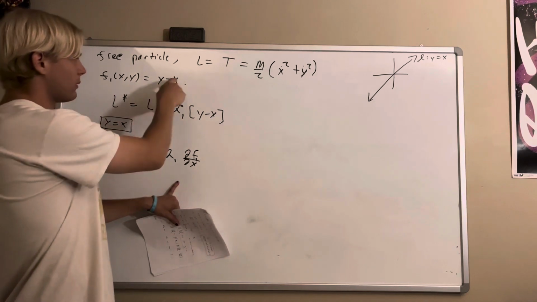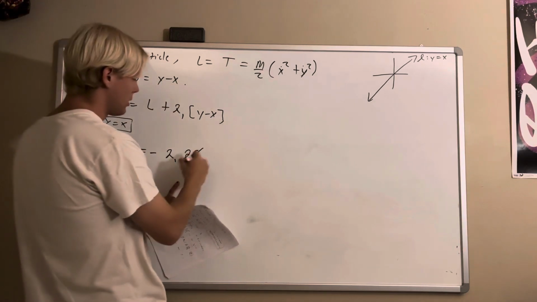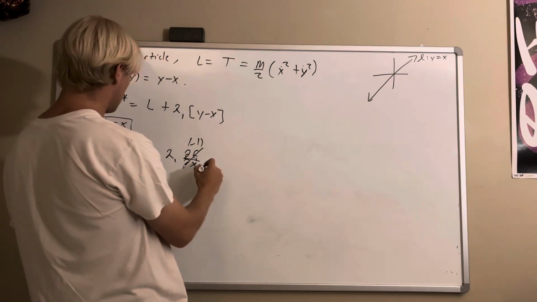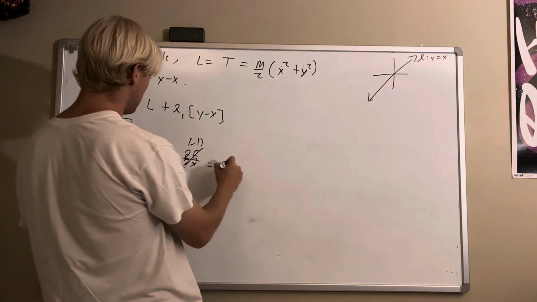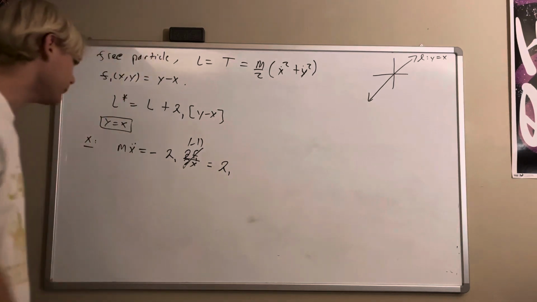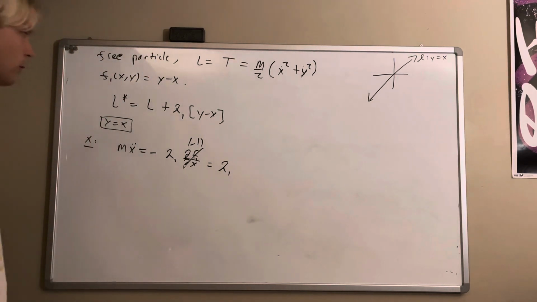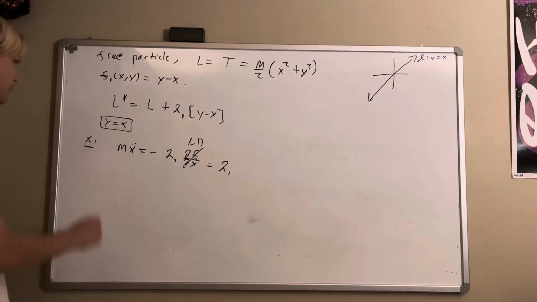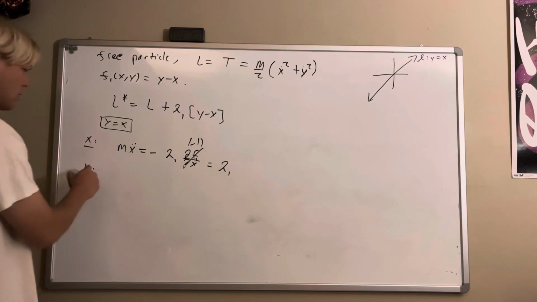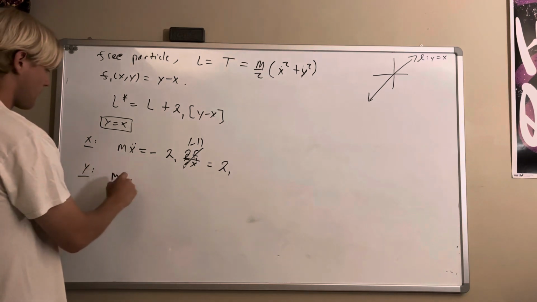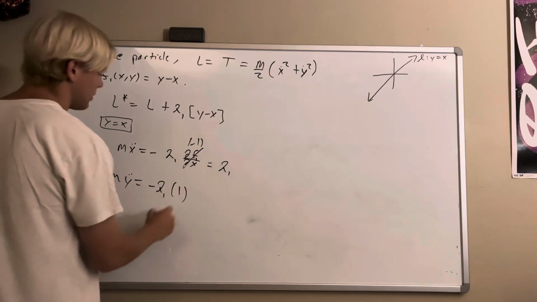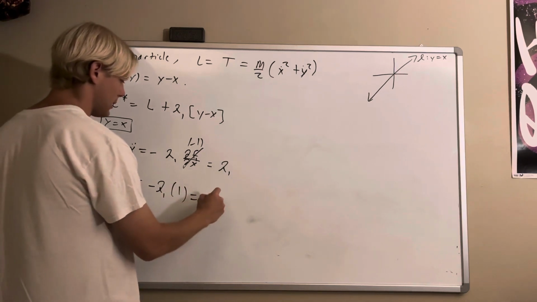That is -1, and -1 times -1 is 1, so you get is equal to that. And for y, you're going to get the opposite. -1 times 1 is equal to -λ1.